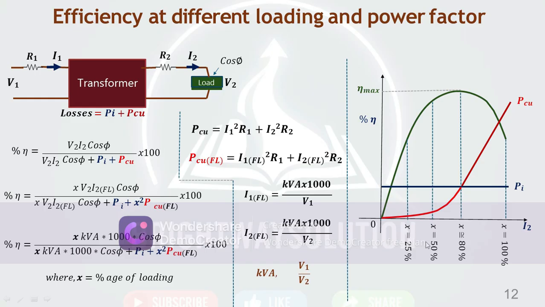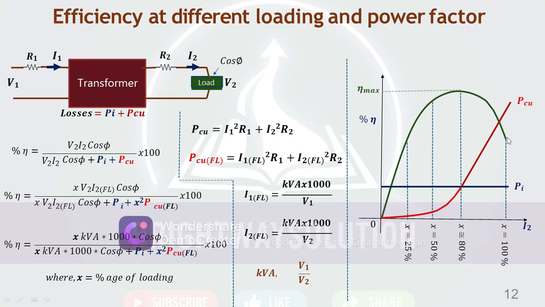If x is 25%, the efficiency is at this point. If you load at 50%, the efficiency is at this point. If you load the transformer at 80%, the efficiency is at its maximum. If you load 100%, then the efficiency decreases.